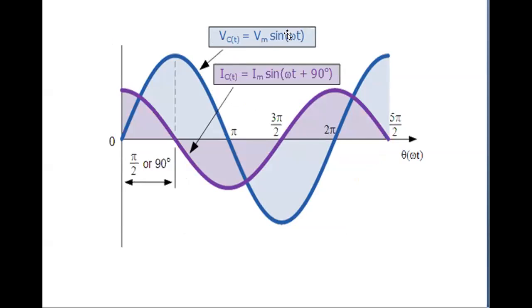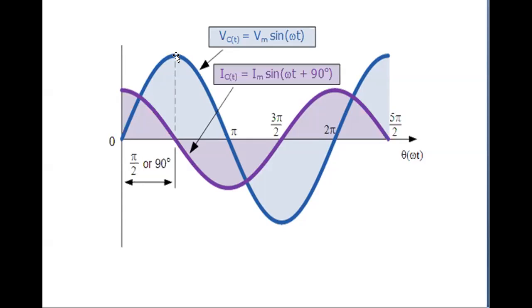Vc of t is the same Vm sine omega t. Here this is the same as the input voltage, and this is the current passing through the capacitor. So the current leads the voltage across the capacitor by 90 degrees. That means voltage lags the current by 90 degrees in the capacitor. And which quantity is maximum here? The voltage is maximum.